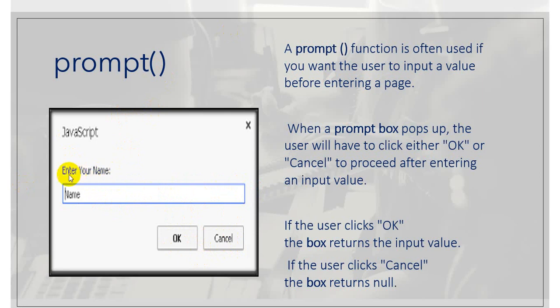Then you get some text that guides you on what to write inside the box, and then a default value. But the main things in prompt are OK and Cancel.